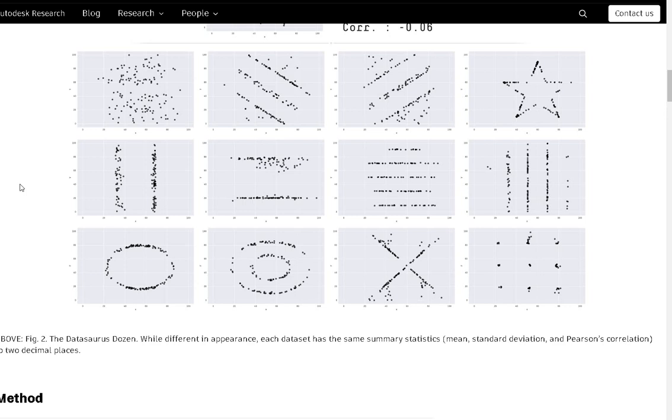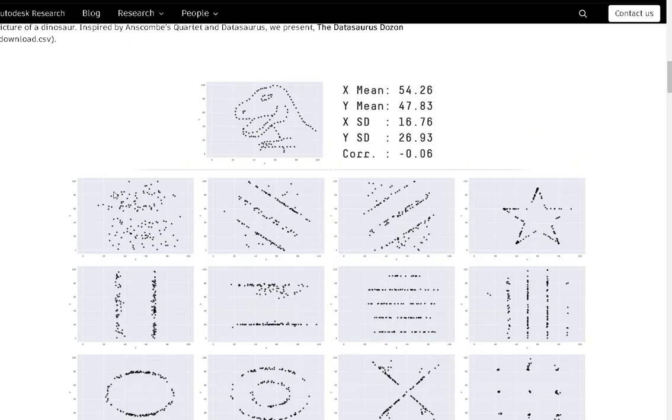And what's unique about this set of data sets, called Datasaurus, is that all of these have the same mean, standard deviation, and correlation to the nearest hundredth as this data set here, which is kind of funny. Clever whoever came up with this, but visualizing your data is a good idea because there could be some patterns in your data that you just might not see otherwise. So I would recommend it.